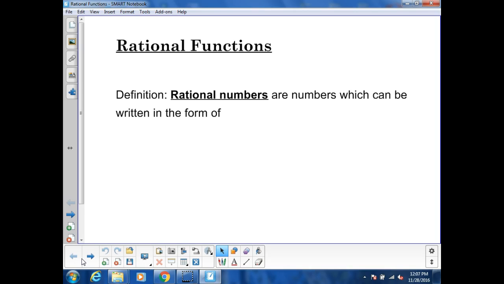Rational numbers. What's a rational number? Numbers that can be written in the form of what? Yeah, exactly. They're numbers that can be written in the form of a fraction.